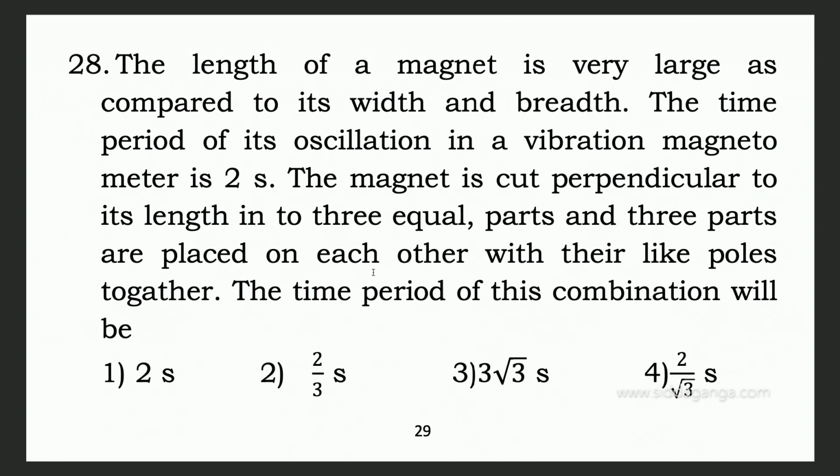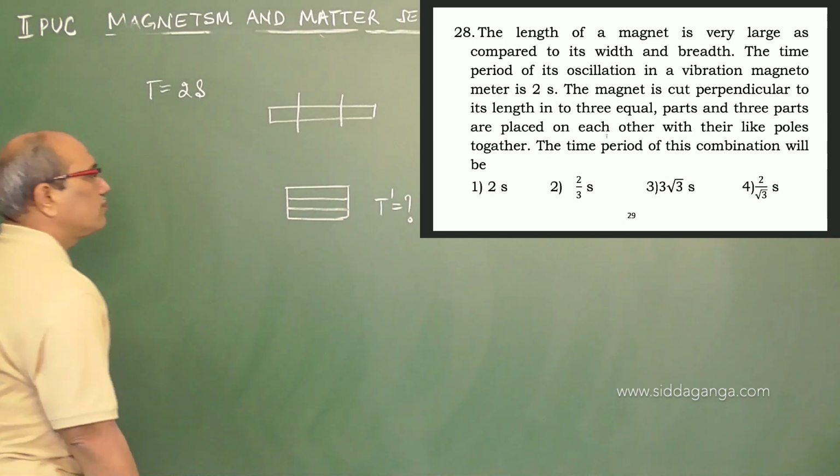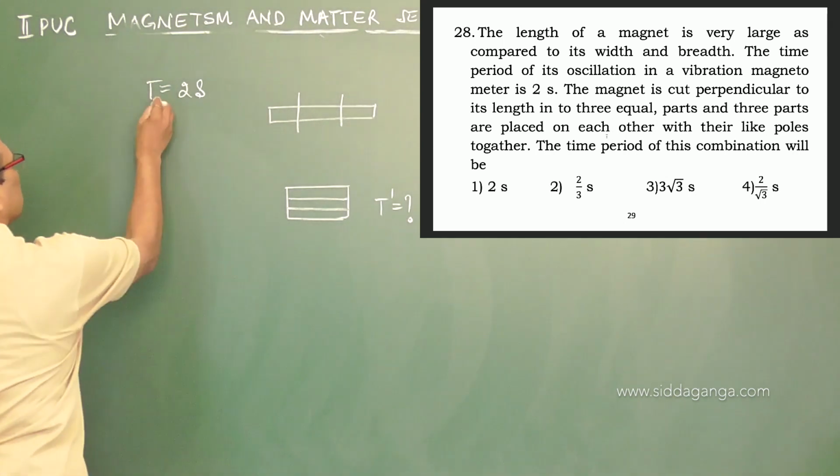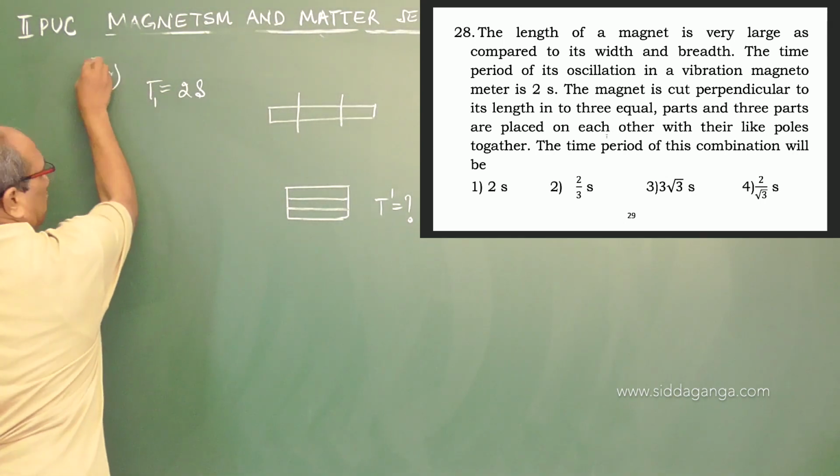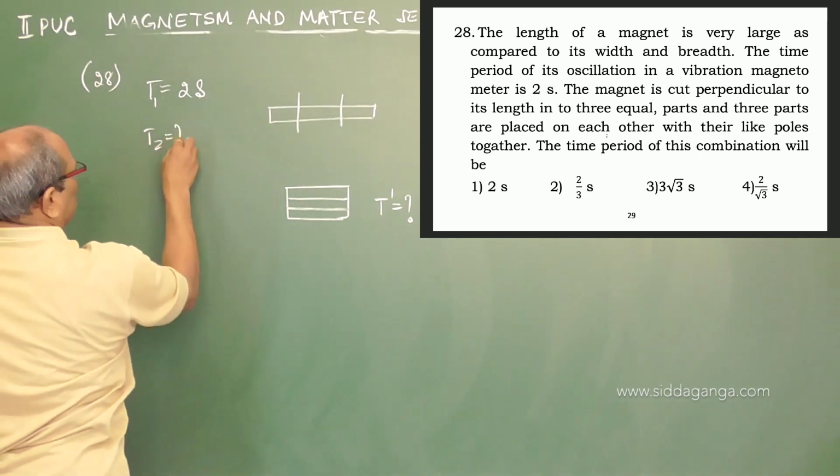The time period of this combination will be, what is the new time period required? Again, this is T1 given. What is T2 that has to be found?